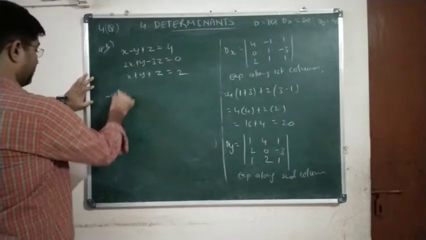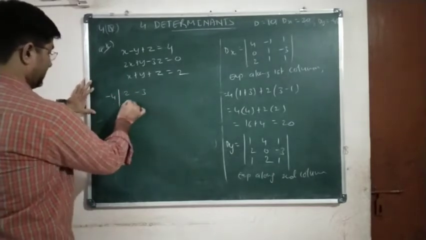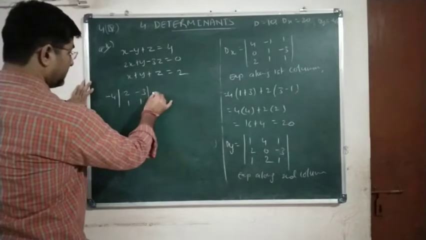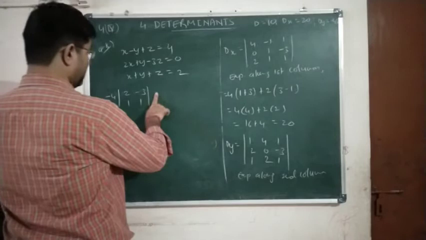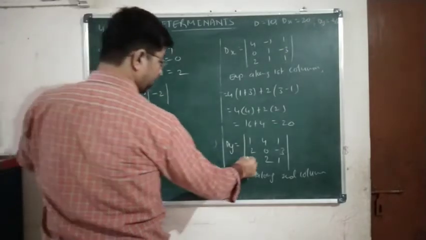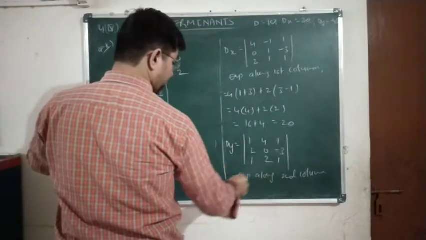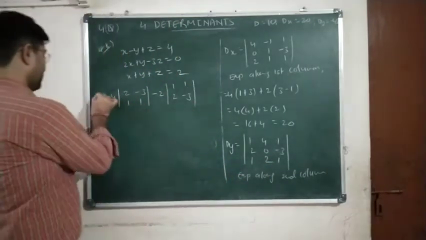So minus 4 into, let me write down the determinant, 2 minus 3 1 1, minus 2 into determinant 1 1 1 1 2 minus 3.